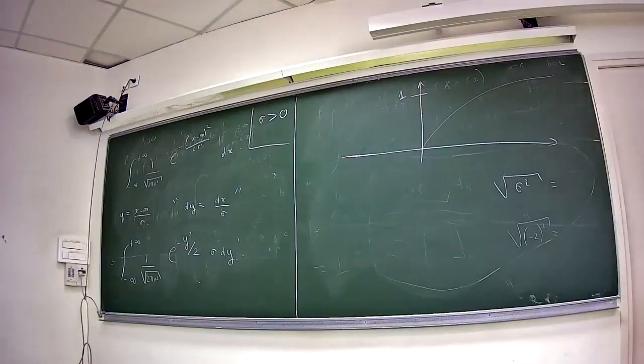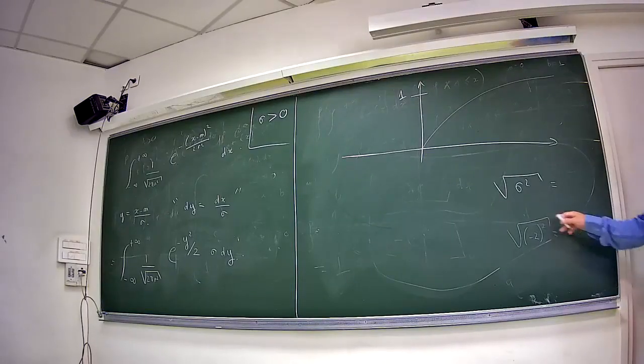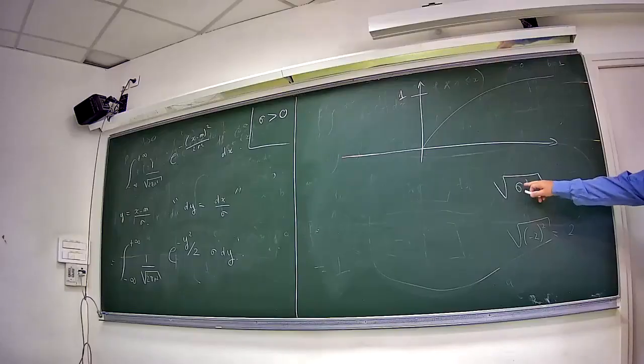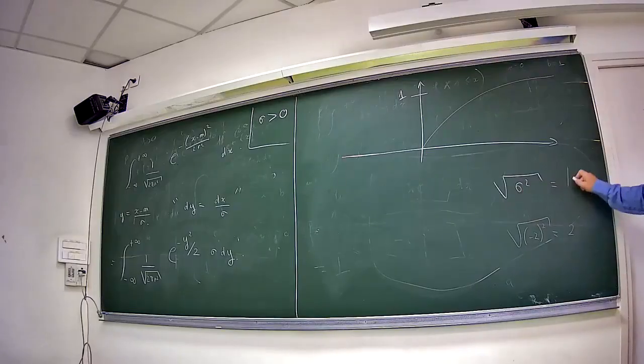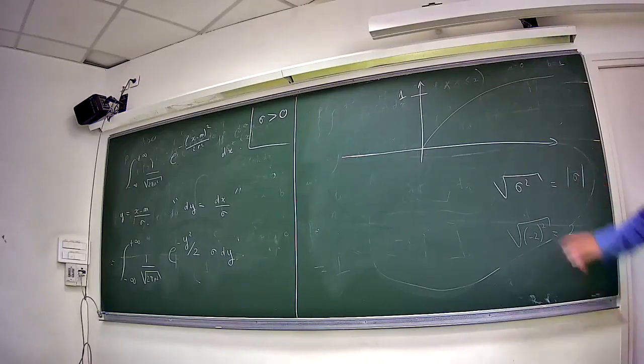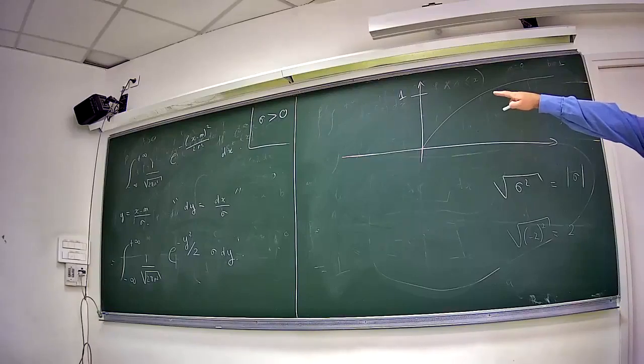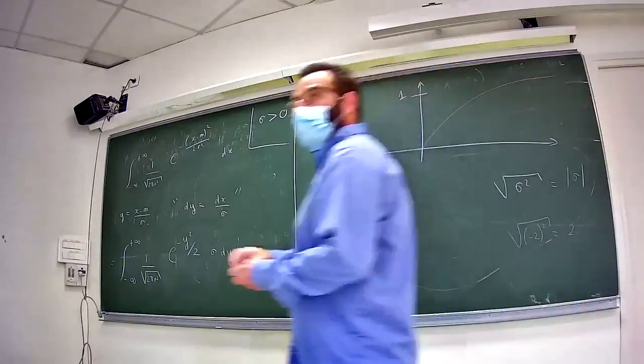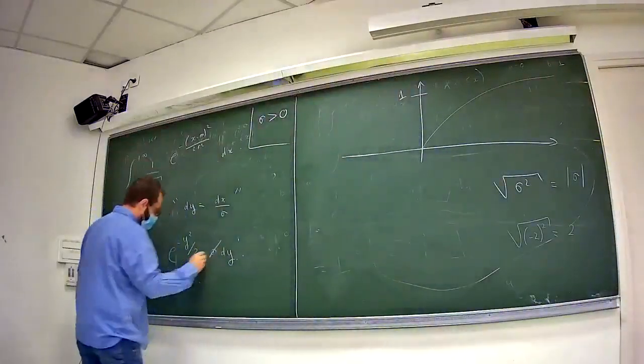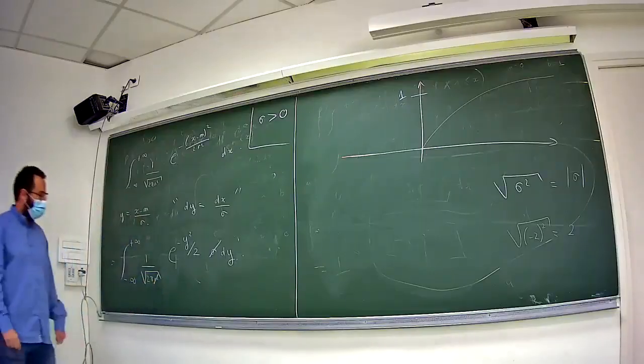What is the square root of minus 2 squared? Yeah, it's 2. It's not minus 2, because the square root is always positive. So the general formula is the absolute value. But here I am in the case where sigma is strictly positive, so I can simplify between these two.